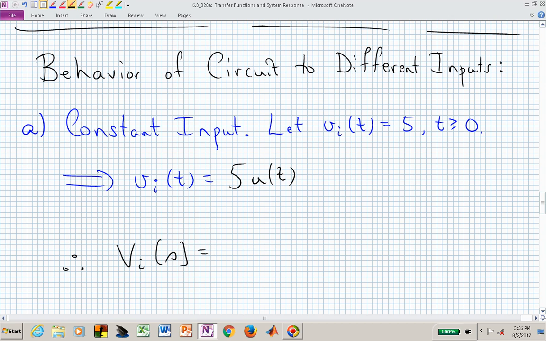You could go back to the definition, you could look in your tables, but at this point you should be starting to almost immediately recall the Laplace transform of the unit step is 1 over s. V sub I has that amplified by 5, meaning capital V sub I of s is 5 over s.